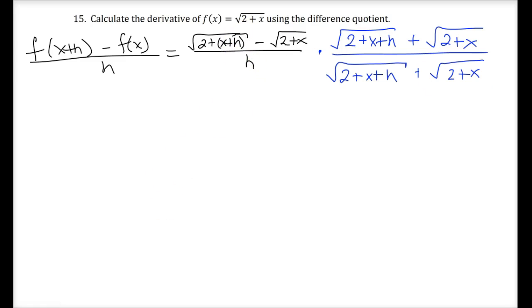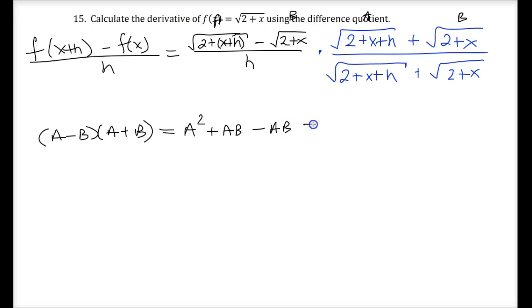Before we do that, notice that if we multiply the numerators together, this term here and that term are the same thing, so we can think of this as A, and this term here and that term here are together, so we can think of that as B and B. We're going to be doing A minus B times A plus B. Whenever we multiply two binomials like this, where one is minus and one is plus, the outcome is A squared plus AB minus AB minus B squared.